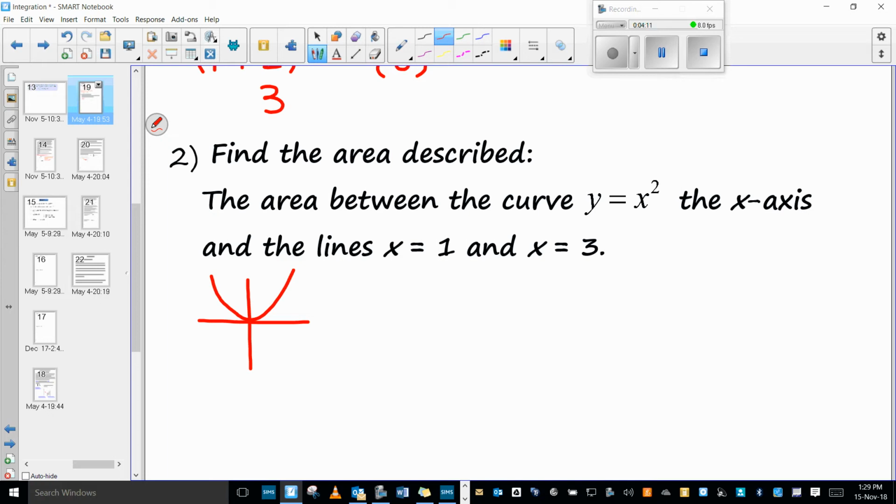And we would then have the lines x equals 1 and x equals 3. So here's where x is 1, and here's where x is 3. So they want us to find this area here. And now we need to establish, how would I write that?